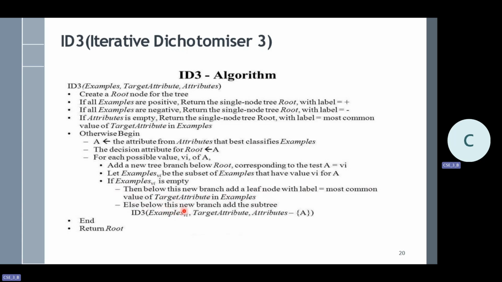Otherwise, below this new branch, add the subtree. What is that? We are creating another subtree. Under that again the process has to be repeated. For that, recursively again we are calling the function ID3. Please observe here, examples vi. Now your data set is partitioned, and then we are focusing on the branches here.